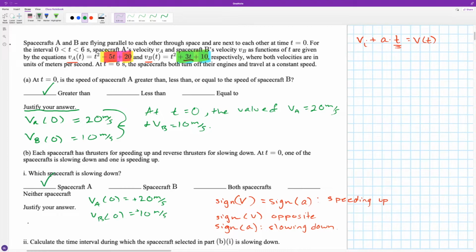Justify our answer. The acceleration for spacecraft A is in the opposite direction of its velocity.